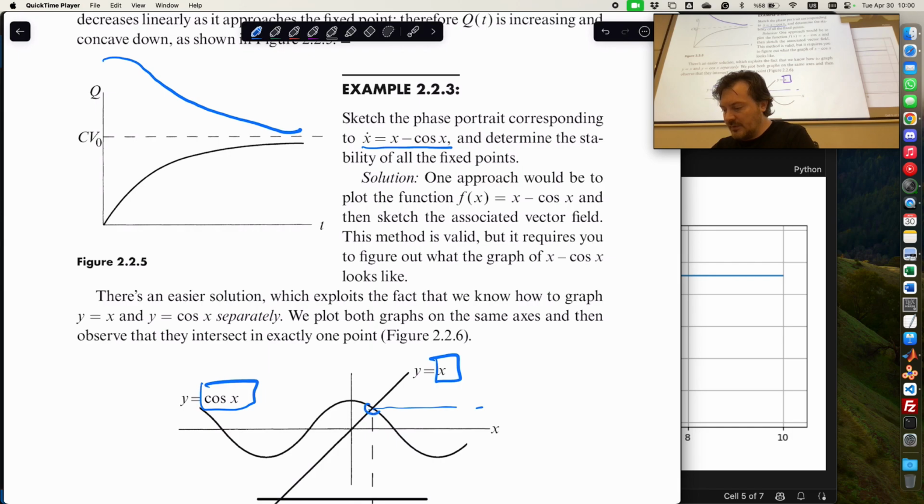So this is the only fixed point, and to the right, f is positive, and to the left, f is negative. So it means that it's an unstable fixed point, so it will always fly off to infinity, right?